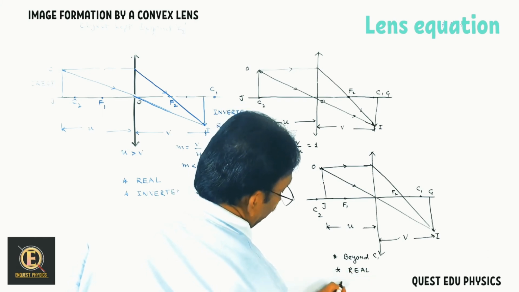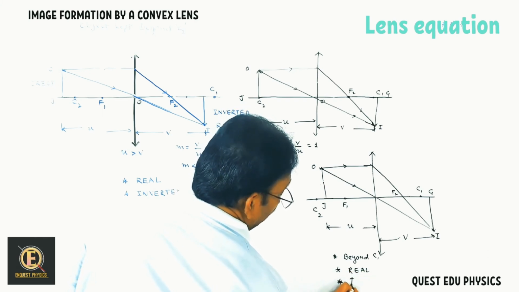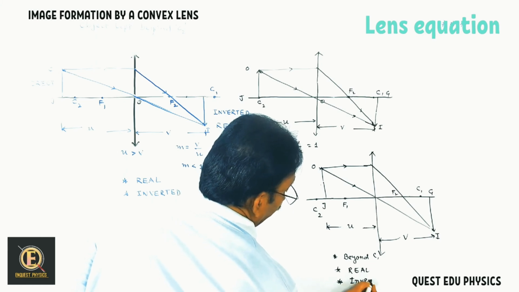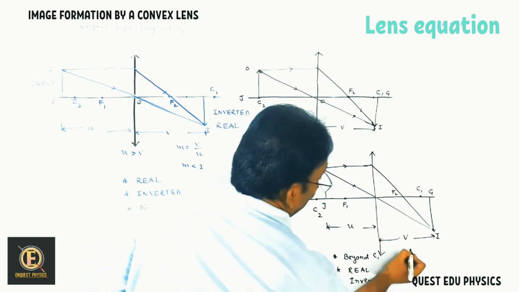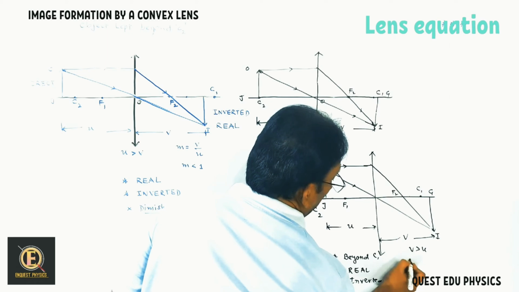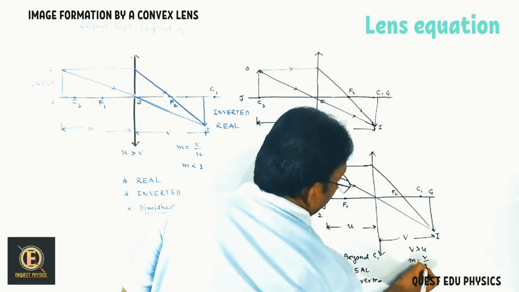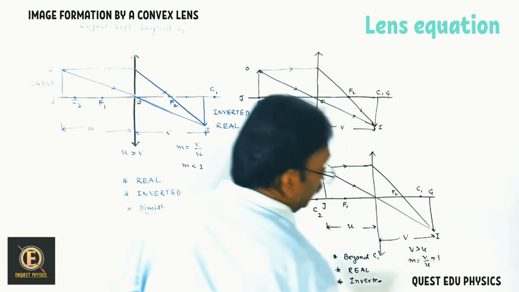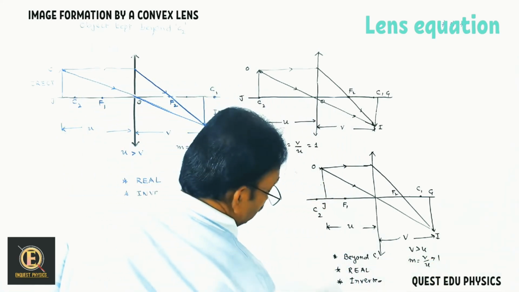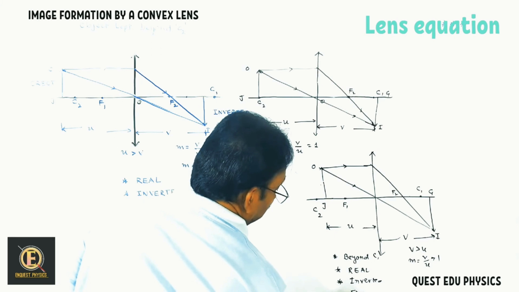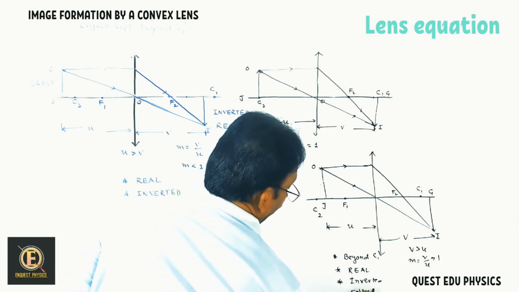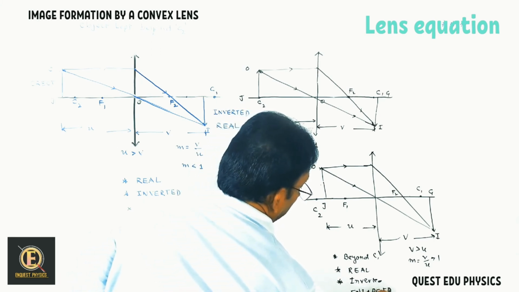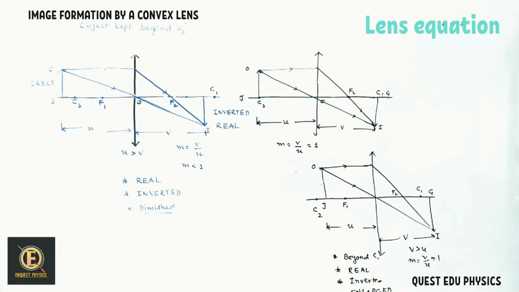It is a real image and it is inverted. Here v is greater than u and magnification is the ratio, which is greater than 1, students. Means what we can write? It is enlarged. It is the enlarged image, students.